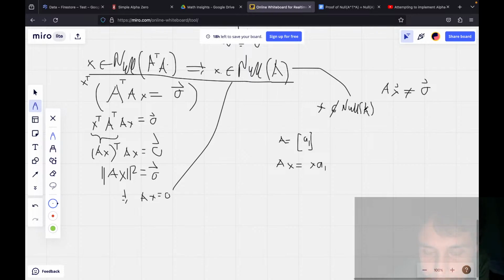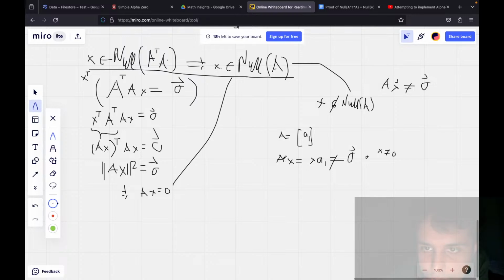So Ax is not equal to 0. That means x is not equal to 0 and a1 is not equal to 0. Well, a1 is clearly not equal to 0, so we have that x is not equal to 0. That's kind of self-evident. Okay, it's not equal to 0.